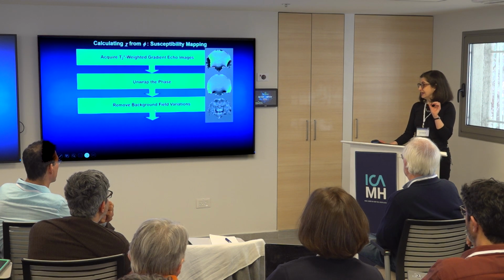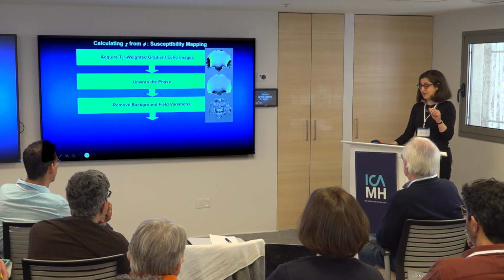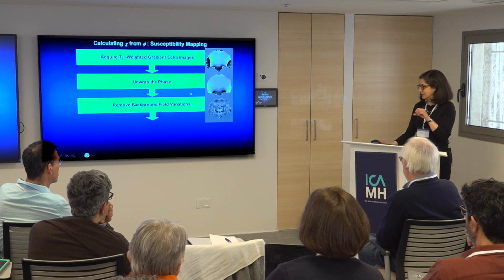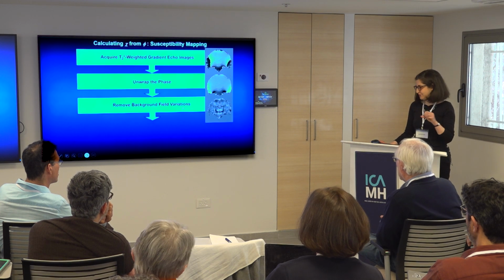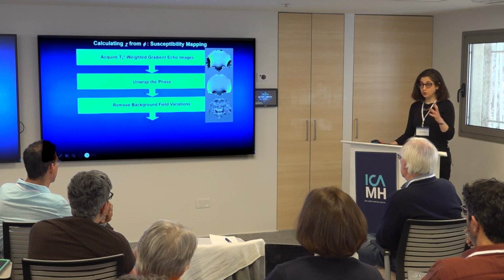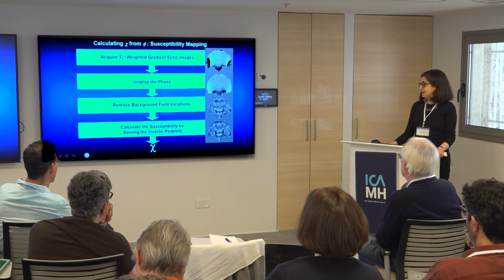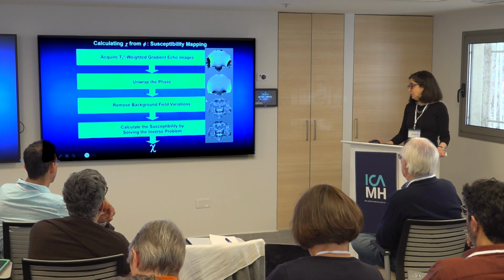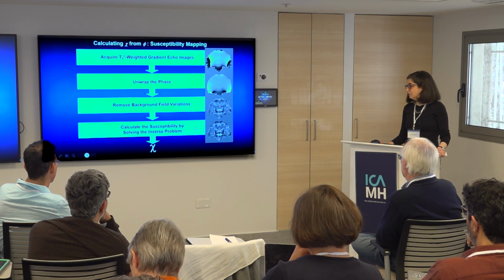And so the next thing we need to do is remove the background fields. And again, there's a whole host of algorithms for doing this, and I'll tell you a little bit about some of the consensus that we've reached about how to do this. So then we've got our local field perturbations, and the next step in this QSM pipeline, if you like, is to take those and solve an inverse problem.